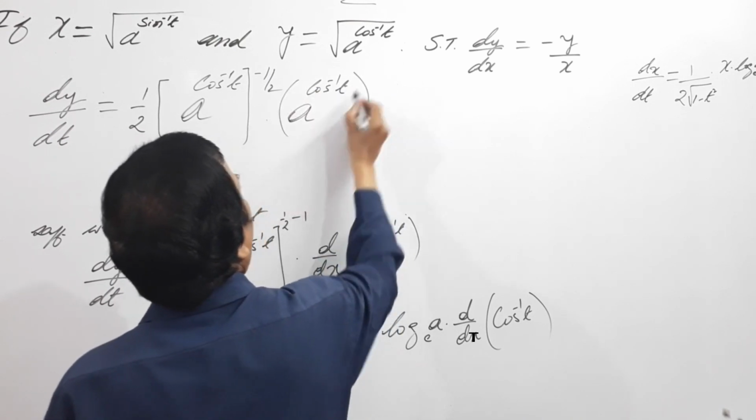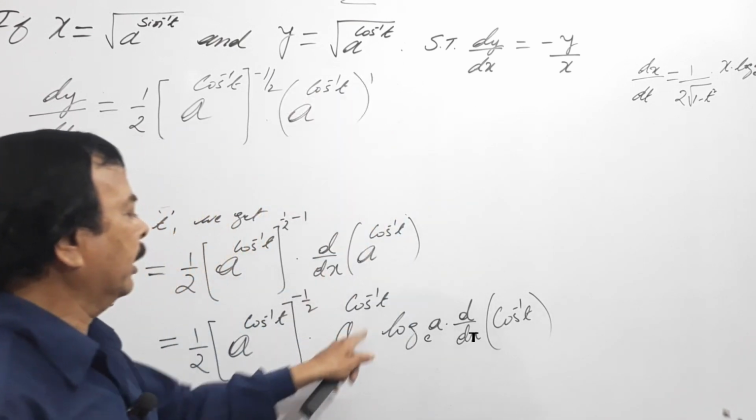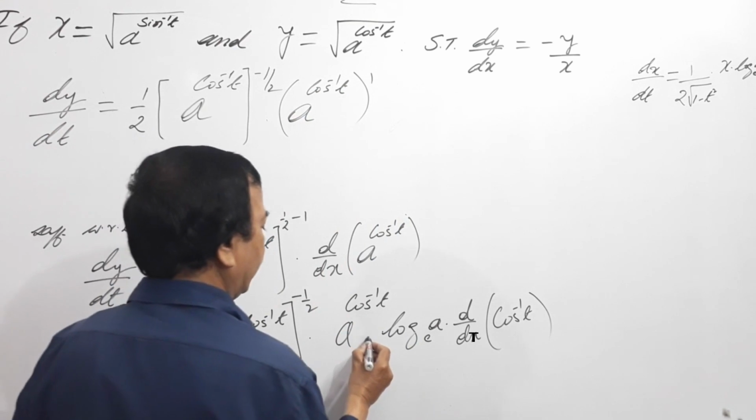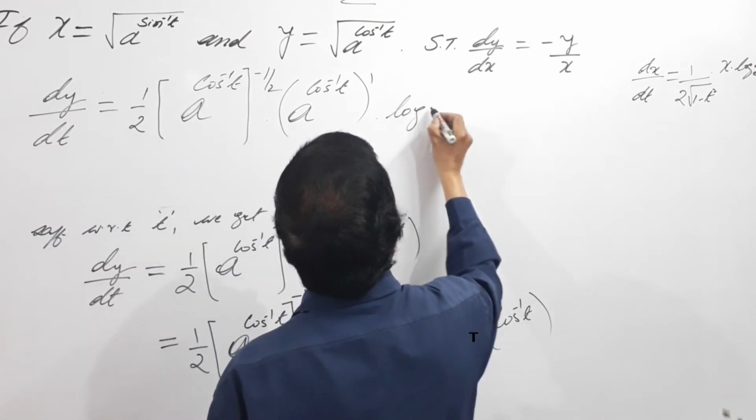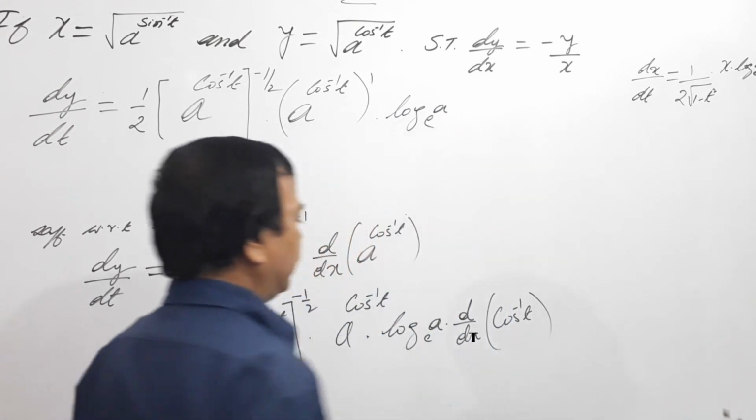I'll write it as to the power 1. So I can write this as to the power 1 into log a to base e.